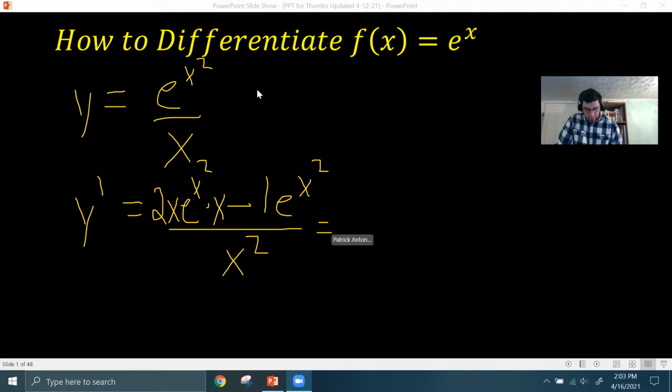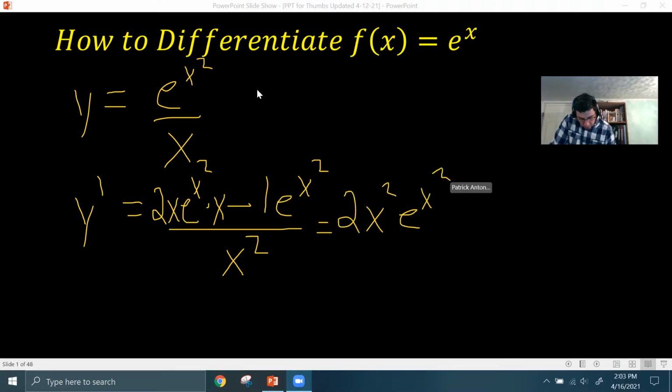Now let's clean this up a little bit. That first term, those x's can multiply together to give you 2x squared e to the x squared minus, and 1 times e to the x squared is just e to the x squared, all over x squared.